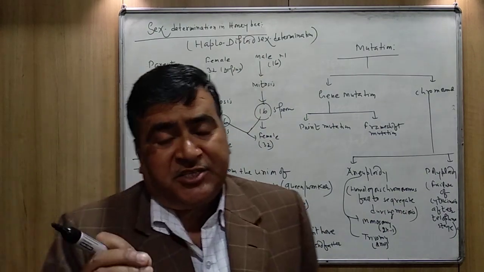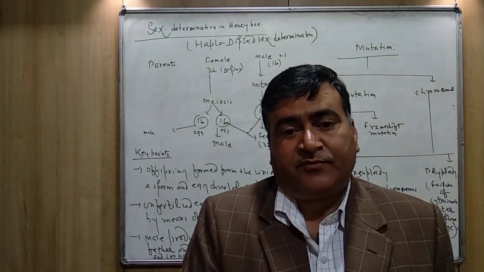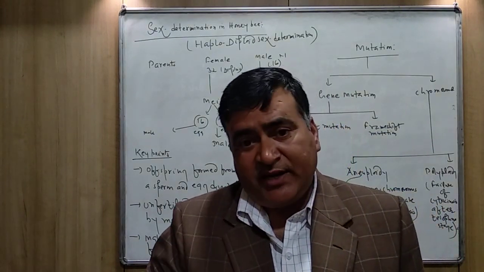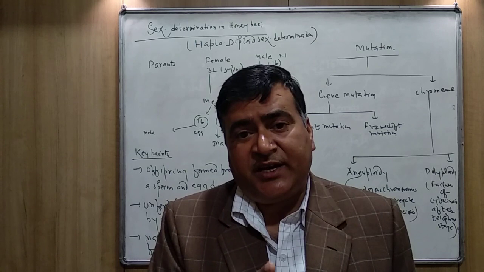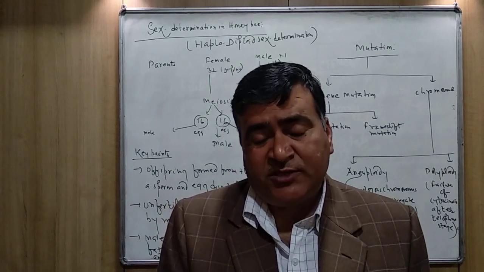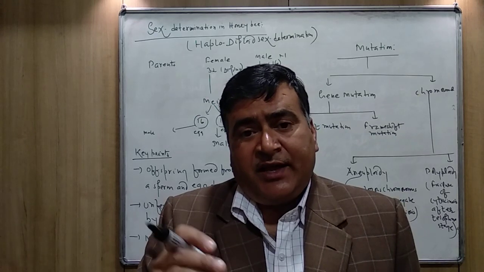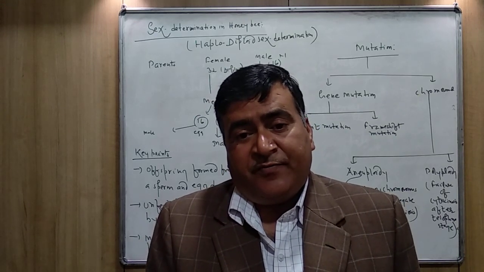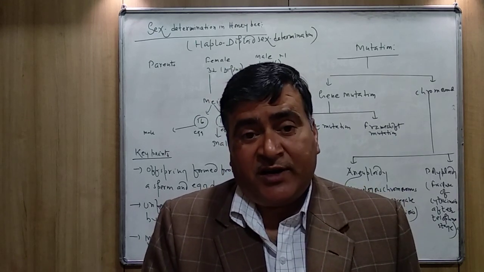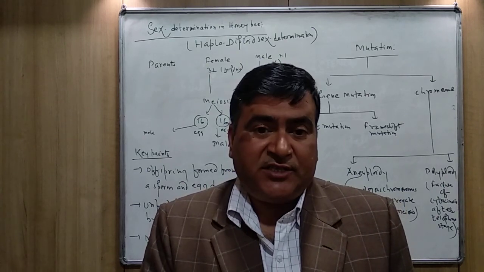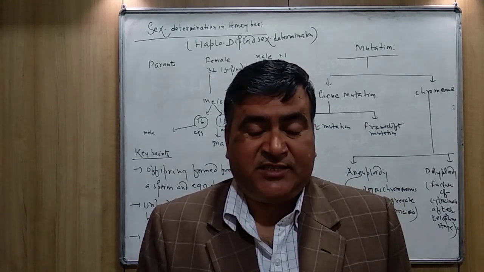The unfertilized egg, if the egg is not going to fertilize, develops into the male drones. And if the egg develops into the male directly without fertilization, this process is called parthenogenesis.